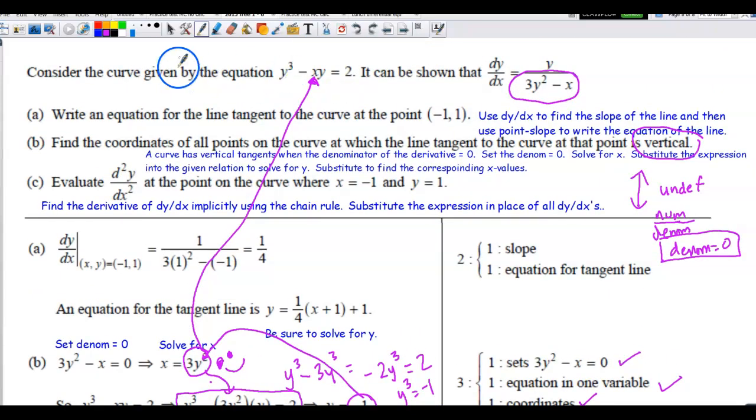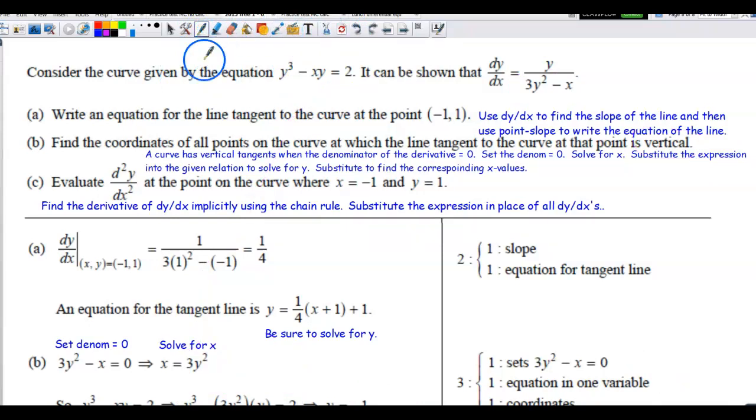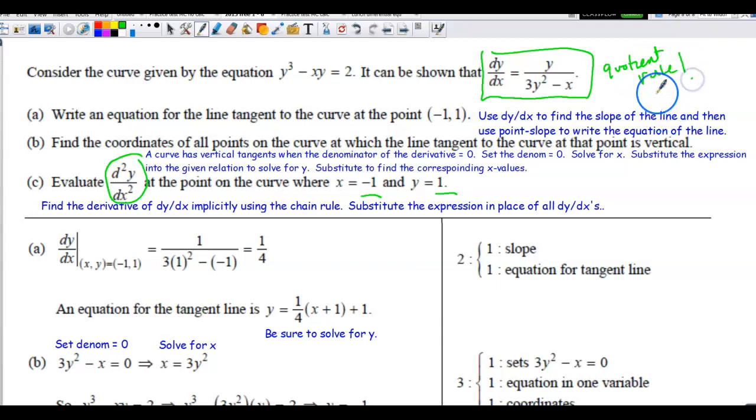And finally, I'm going to clear the board one more time, and we're going to look at letter C. So in letter C, we want to evaluate the second derivative at x equal to negative 1, y equal to 1. So remember, back up here, we had the first derivative. We're going to find the second derivative, and we're going to need the quotient rule, down d up minus up d down over down down.